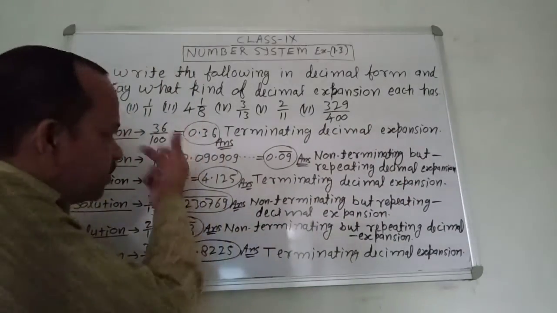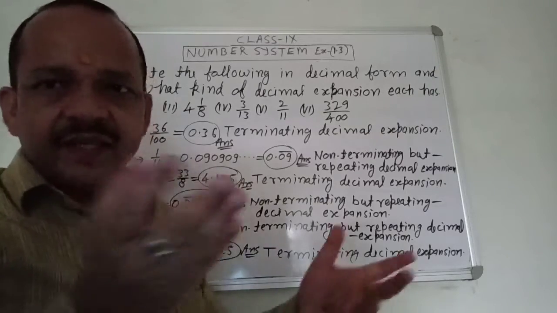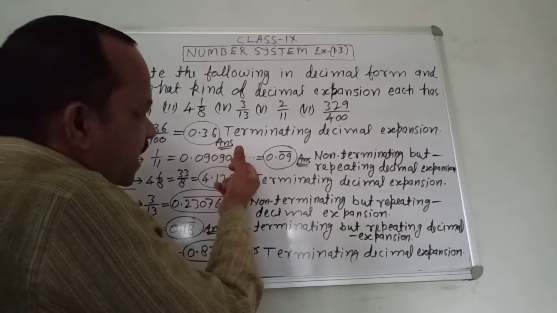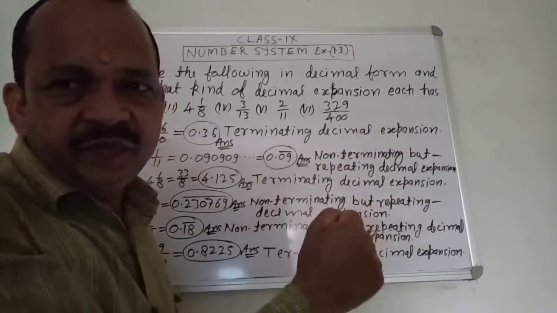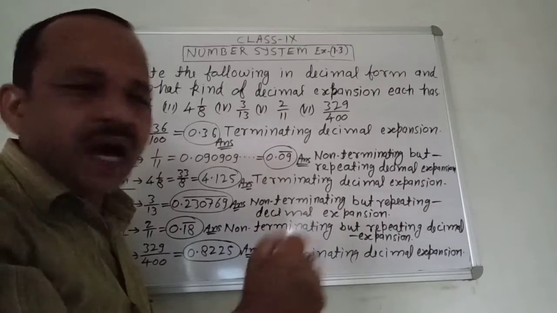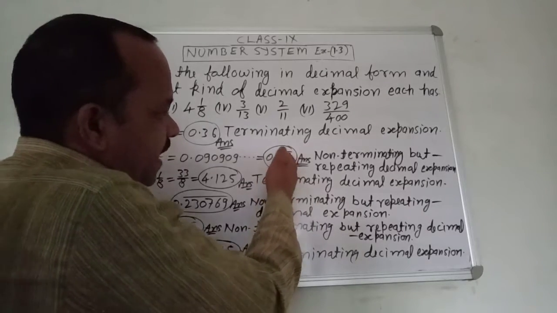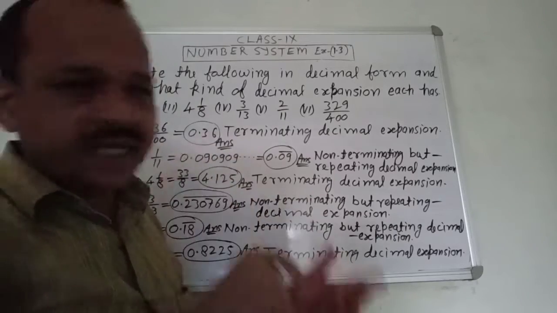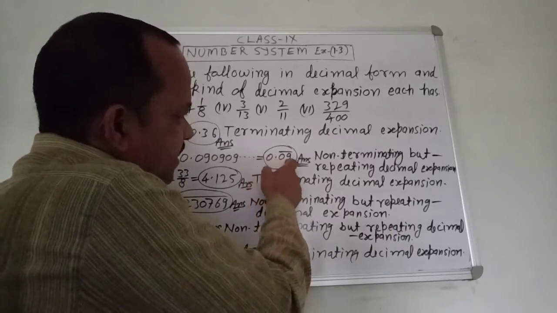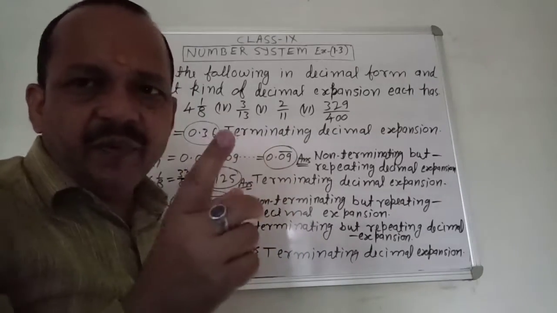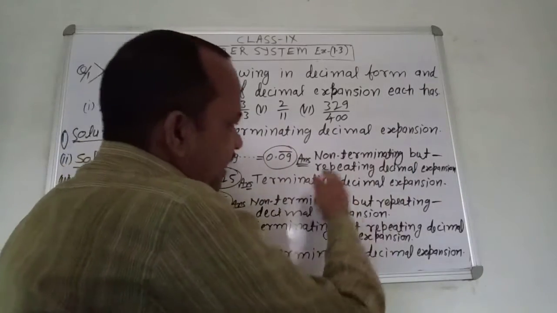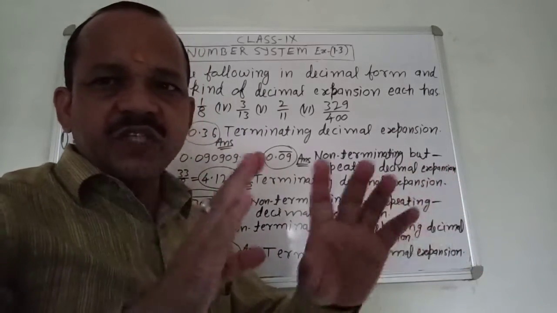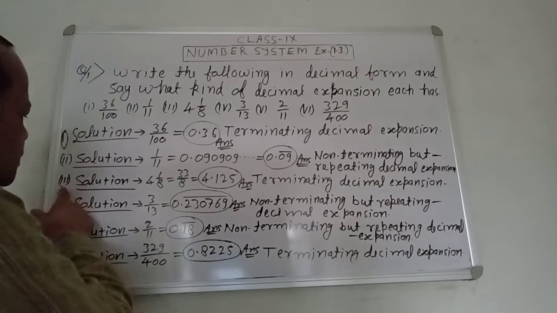You divide 1 by 11, then you find 0.09090909 till infinite. You can write it as 0.09 bar. Clear? No suspense. And you can say 0.09 bar, or 1 by 11, is a non-terminating but repeating decimal expansion. Clear? No suspense. Next question.